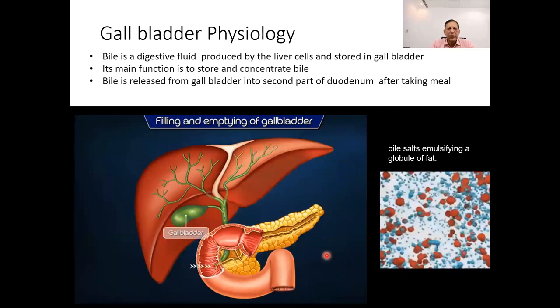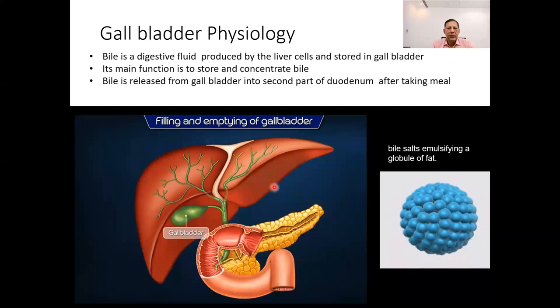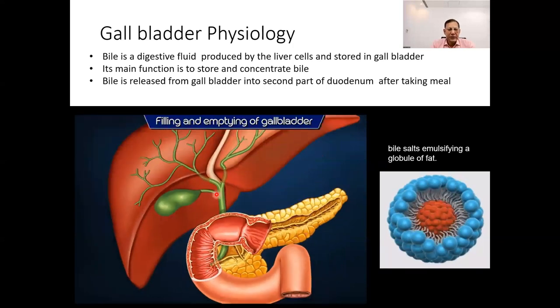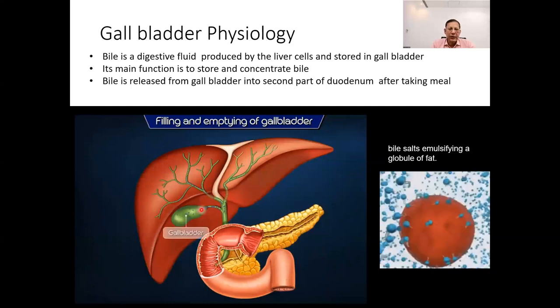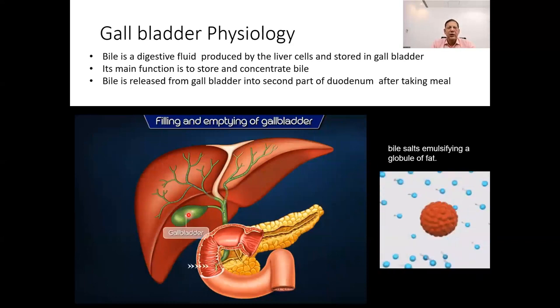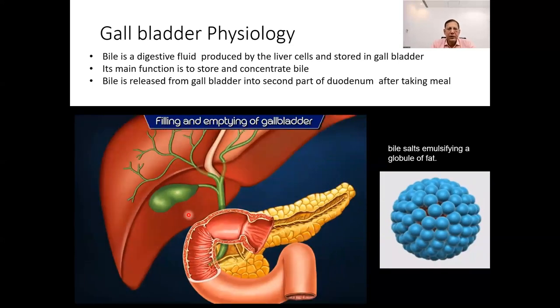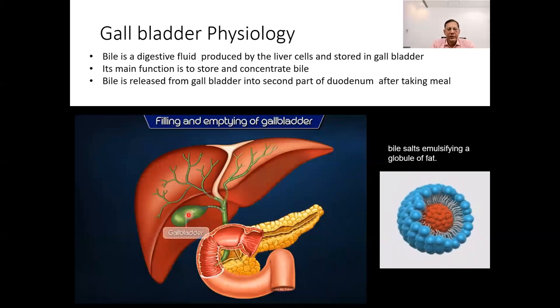The bile flows from the liver through the small ducts to enter the gallbladder through the cystic duct, and then the bile is stored within the gallbladder for approximately 8 hours.